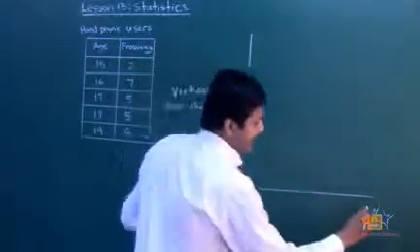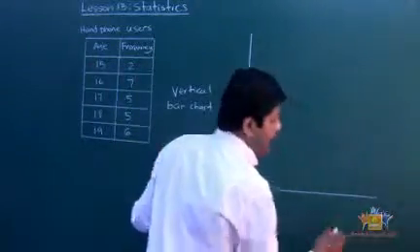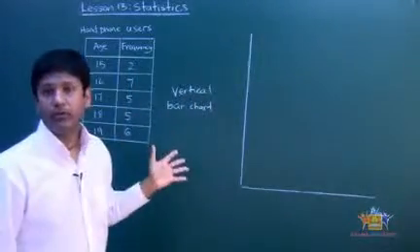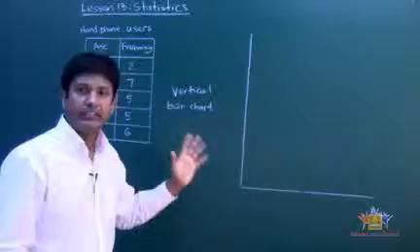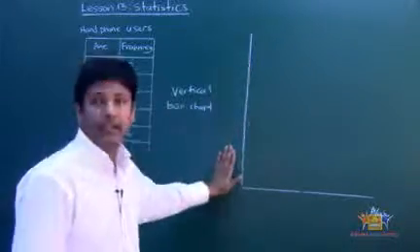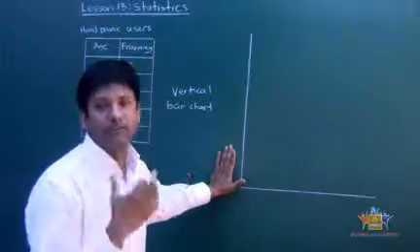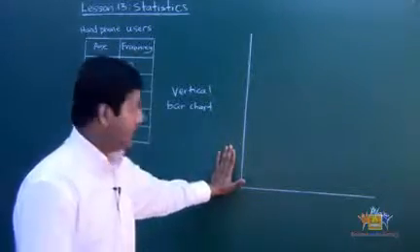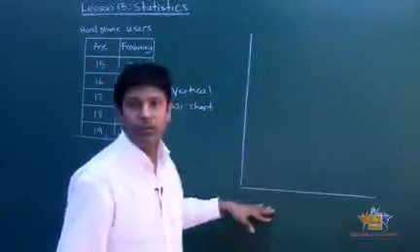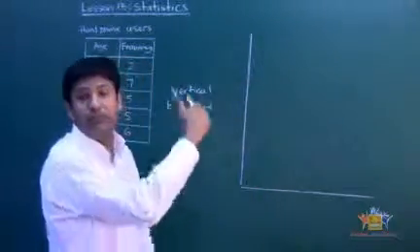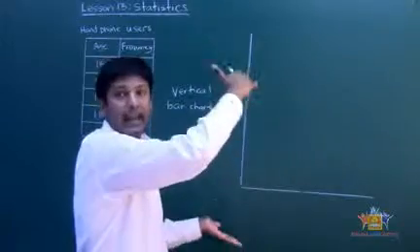Now the y-axis is the one that's going to represent the frequency, the data. Always keep in mind the frequency. If you put the frequency on the vertical, it's going to be a vertical bar chart. If you put the frequency on the horizontal, it's going to be a horizontal one, because the bar is based on the frequency, the height or the length of the bar.